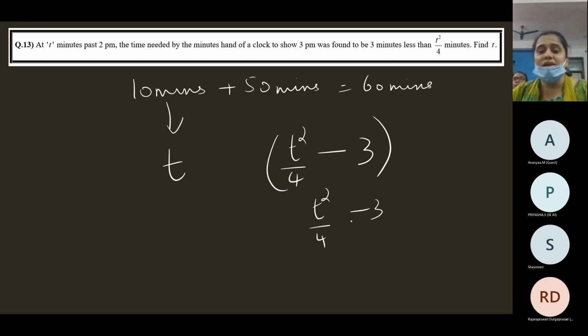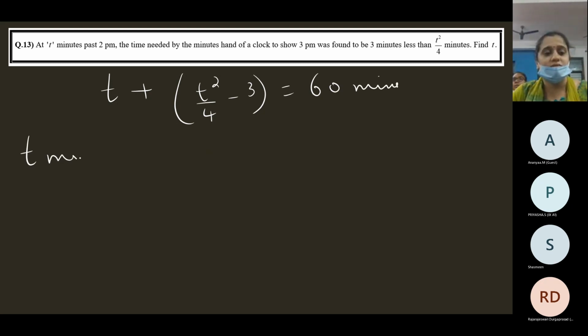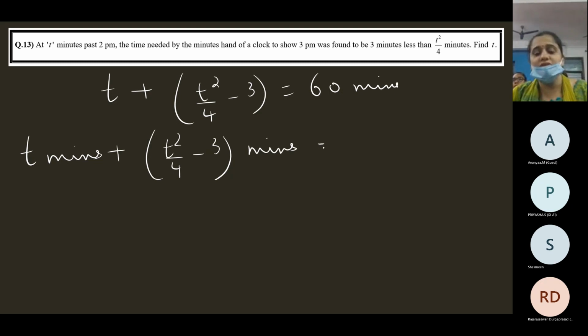So the equation is t plus t square by 4 minus 3 is equal to 60 minutes. Or in other words, t minutes plus t square by 4 minus 3 minutes is equal to 60 minutes. You take out the minutes when you're solving and find the value of t. This will give you a quadratic equation.